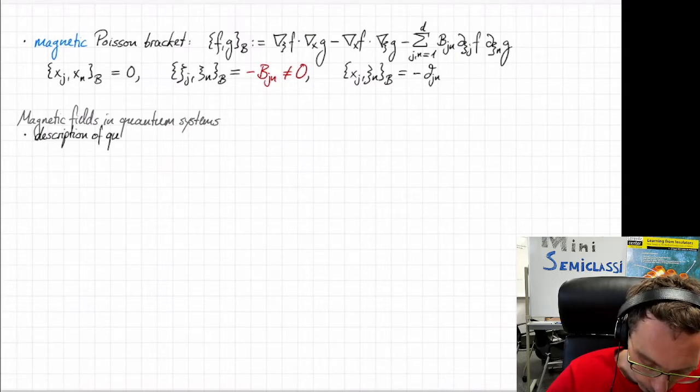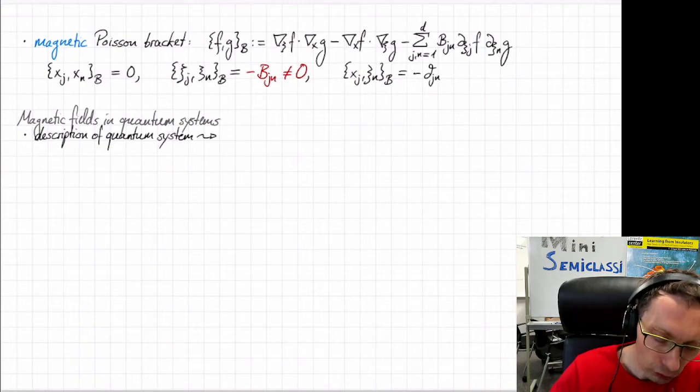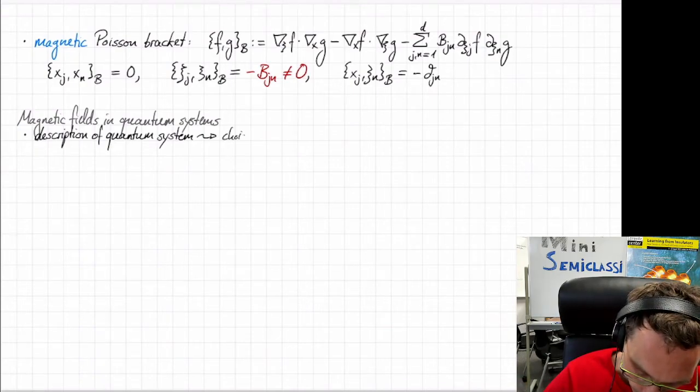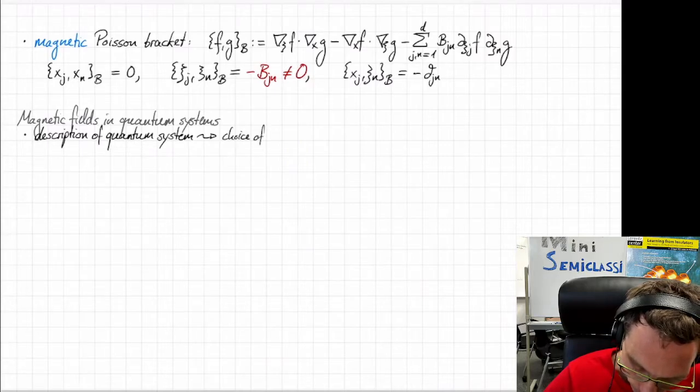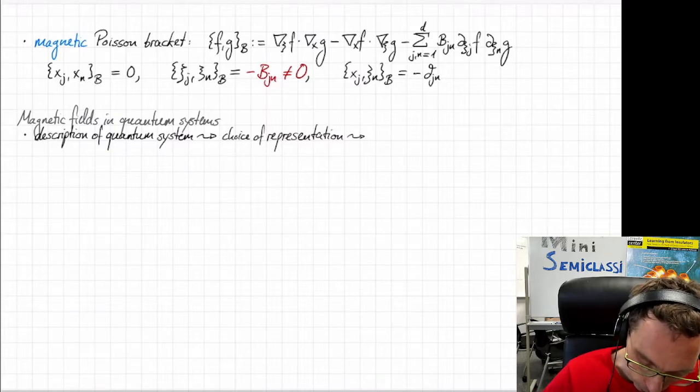And when we are interested in magnetic systems, then part and parcel of choosing a representation is choosing a gauge. So choice of representation implies a choice of gauge.